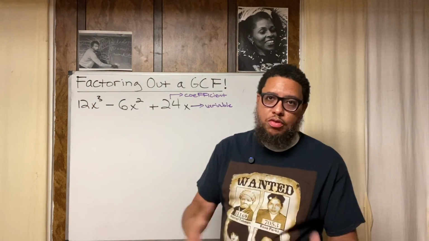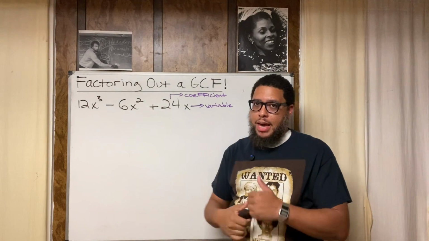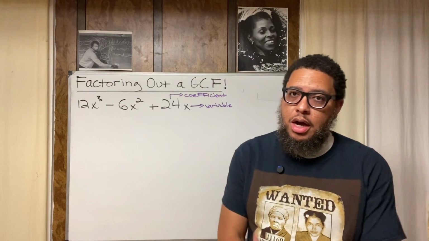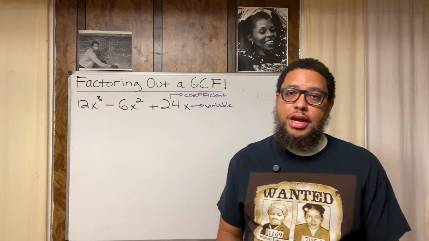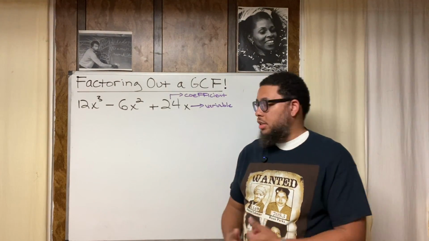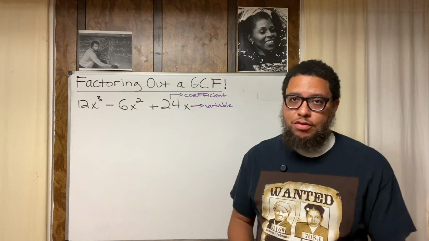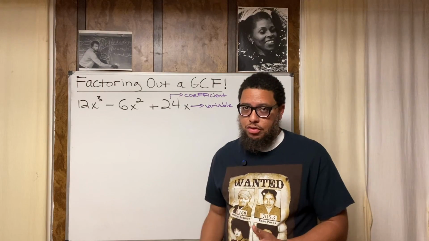Now, look at those coefficients and think back to elementary school or middle school when you had to find the greatest common factor of integers or the greatest common factor of whole numbers. What was your process? All right. Hopefully you have your multiplication facts memorized, because if you got your multiplication facts memorized, then you're going to have your division facts memorized.